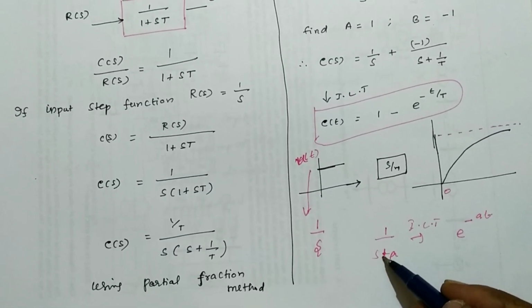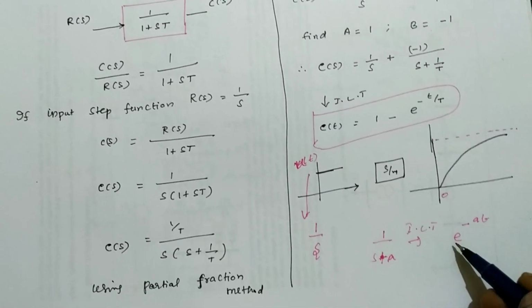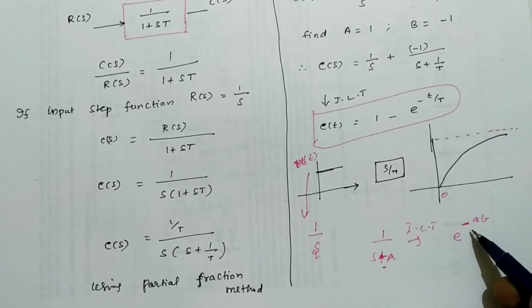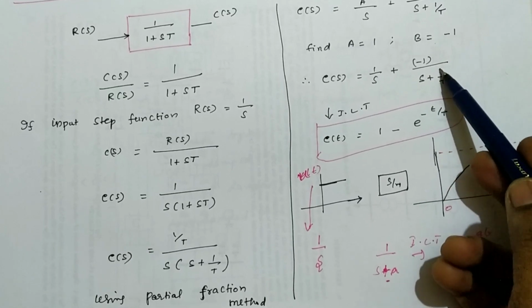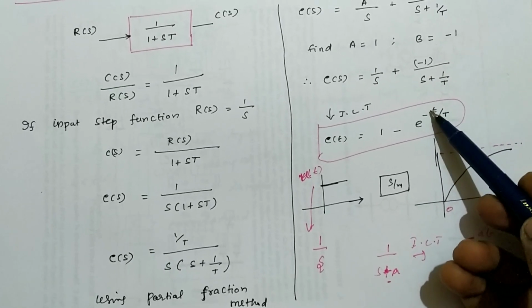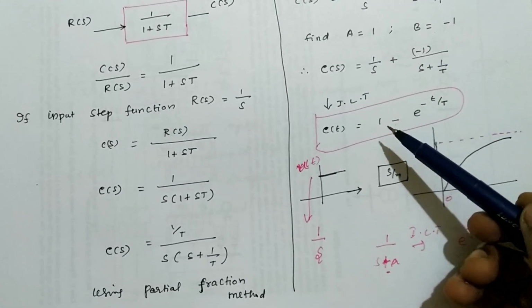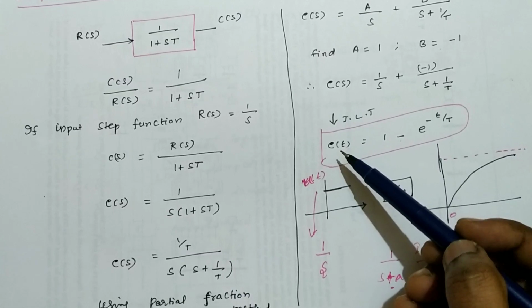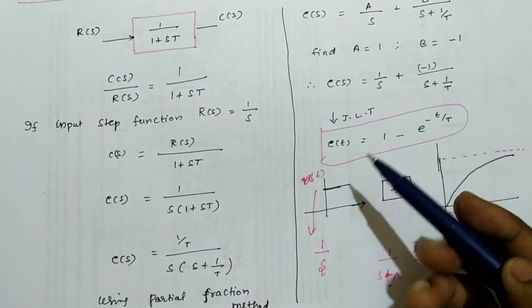So when we have plus 1 over s plus a, the inverse is e power minus, the plus coefficient becoming minus. Here a is 1 by T, so e power minus t by T, and the minus sign stays as it is. This is in the s domain; when we take the inverse Laplace transform, it becomes the time domain. So this is the output, otherwise called the response.